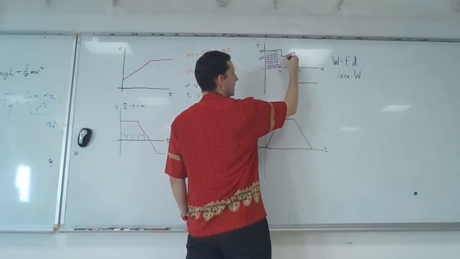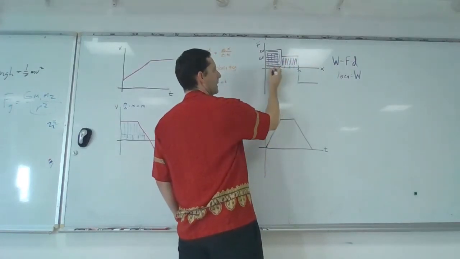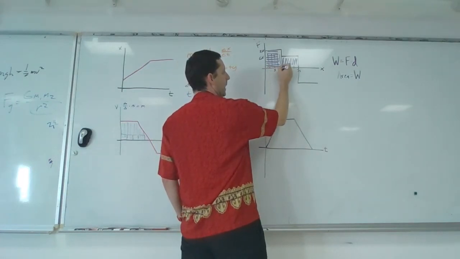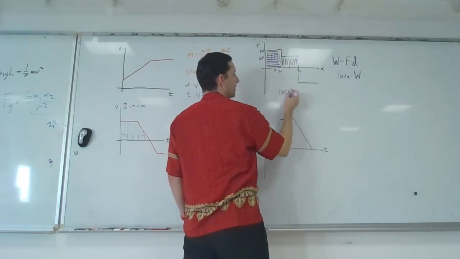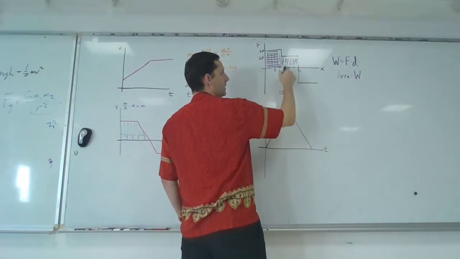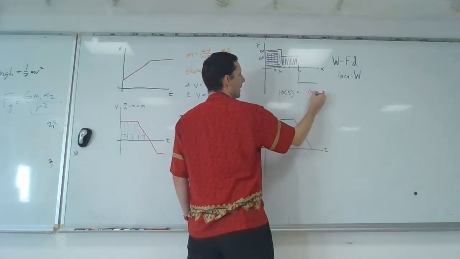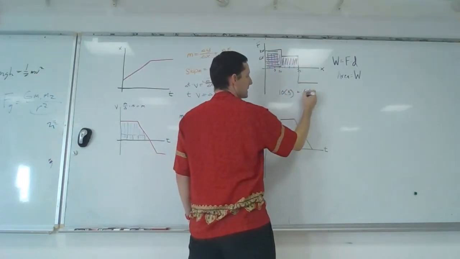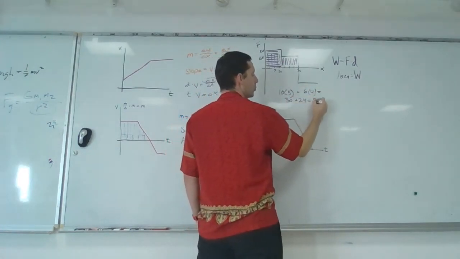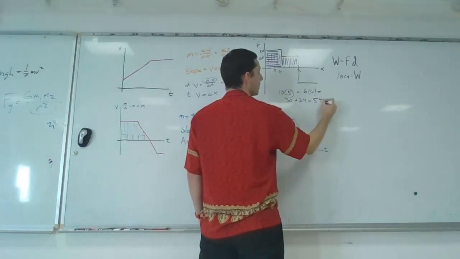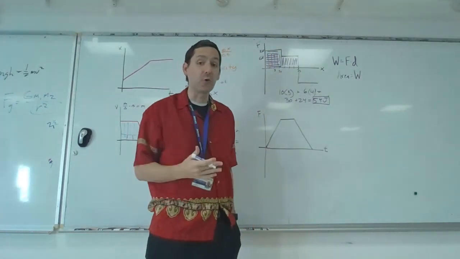And then I can have this rectangle right here, and I can find the area of that. Okay, so rectangle 1 has a width of 3 and a height of 10. And so I can go 10 times 3. That'll give me the area of the first rectangle. And then the second one has a width of 1, 2, 3, 4, and a height of 6. So 6 times 4. So when I put those two together, I get 30 plus 24, which equals 54 joules. So that means that my object has gained 54 joules of energy.